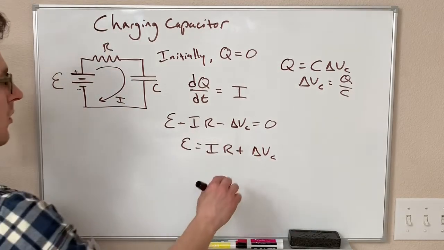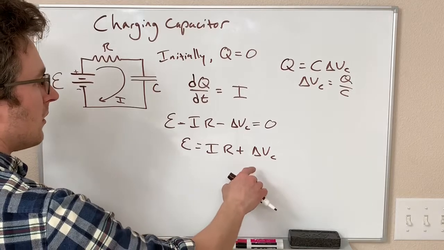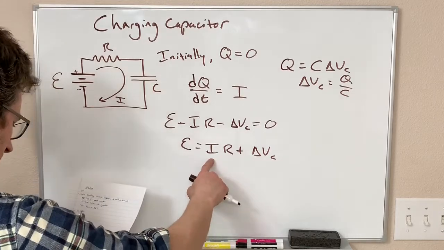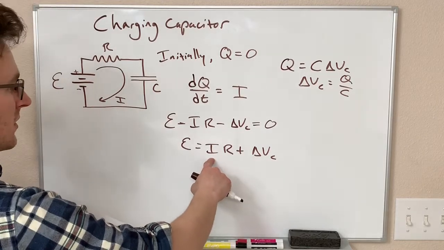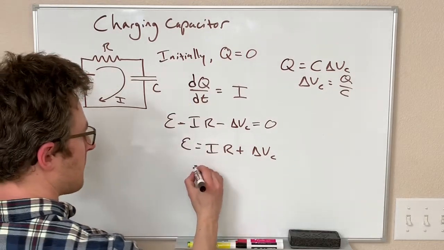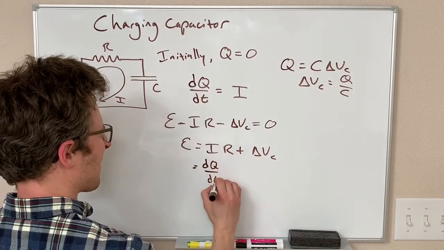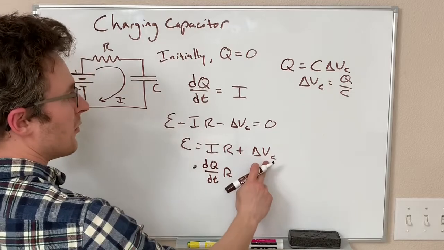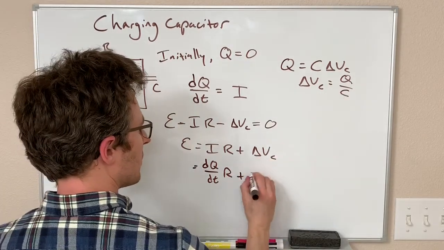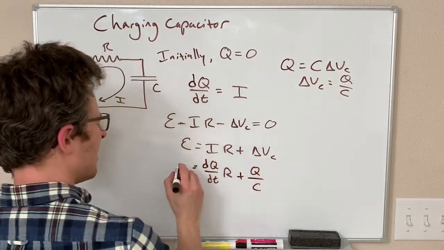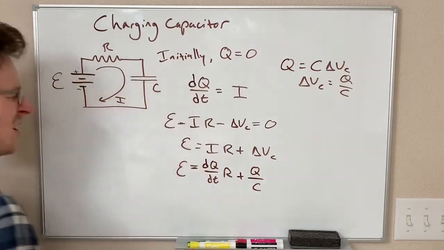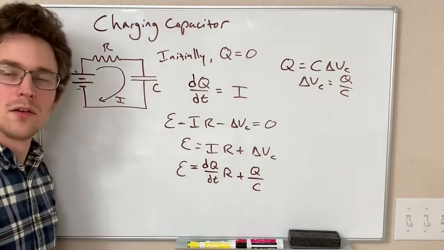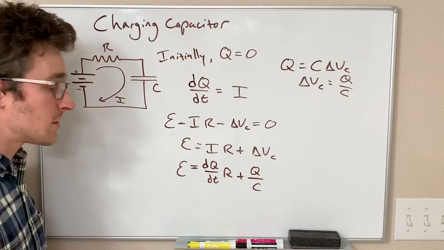Okay, we know that I is equal to dq/dt, and we know that delta VC is equal to Q over C, and we know that this is equal to some constant. So this is another differential equation. It is slightly different than the other one.